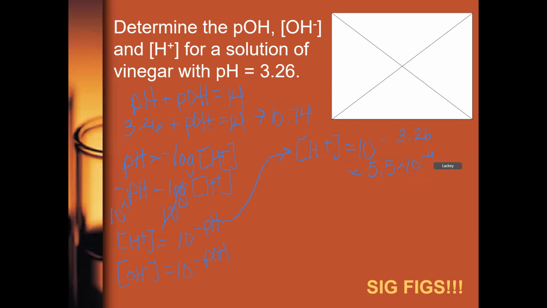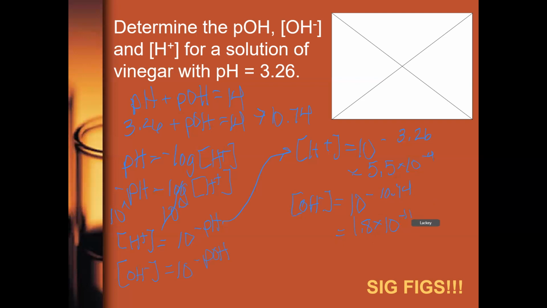And I'm going to go over in a second why it is 5.5 and we didn't add more digits on there. Same thing can be done for hydroxide. We do 10 to the negative 10.74, and we get that our hydroxide ion concentration is 1.8 times 10 to the negative 11.